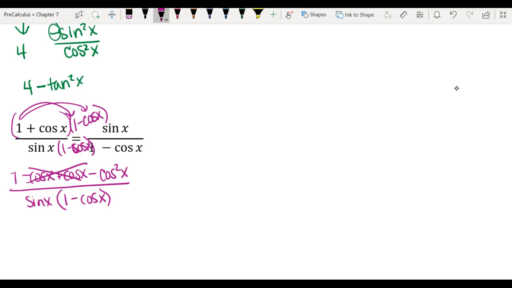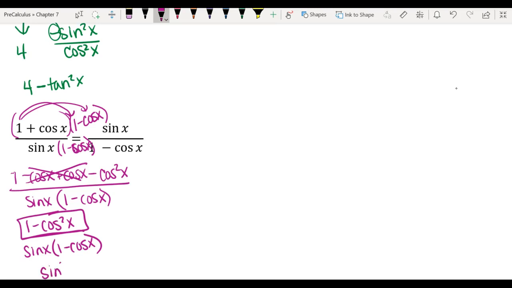What is 1 minus cosine squared of x equal to? It's equal to sine. So your top, you get 1 minus cosine squared of x over sine of x, 1 minus cosine of x. Okay, this is equal to cosine squared. No, sine squared.